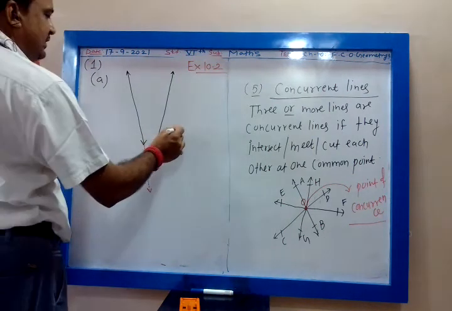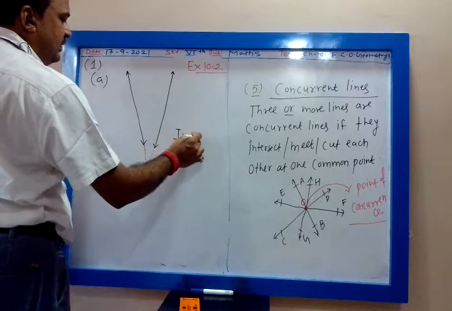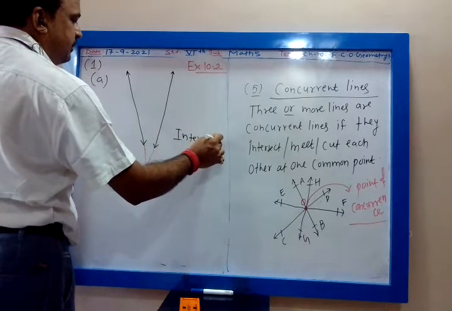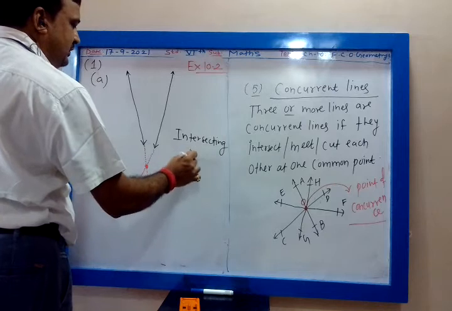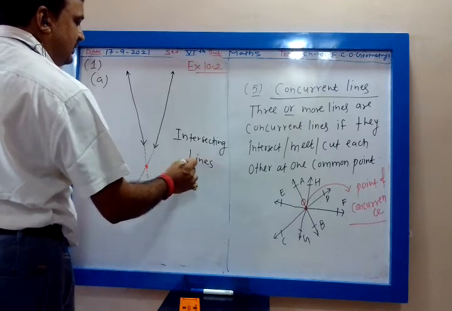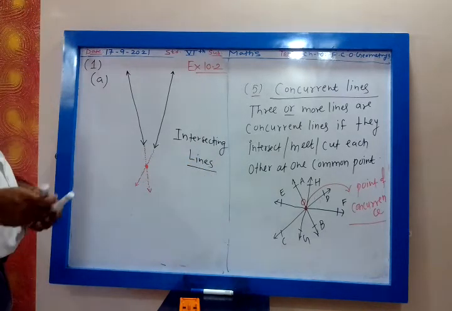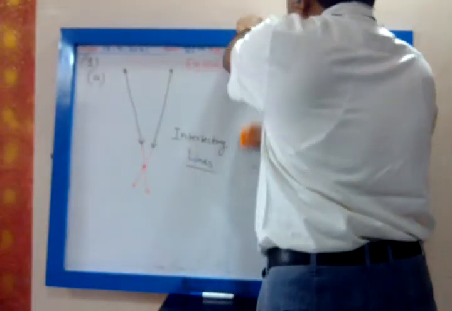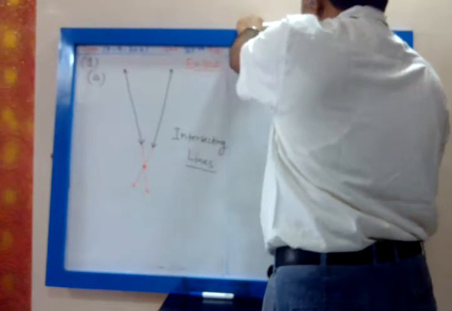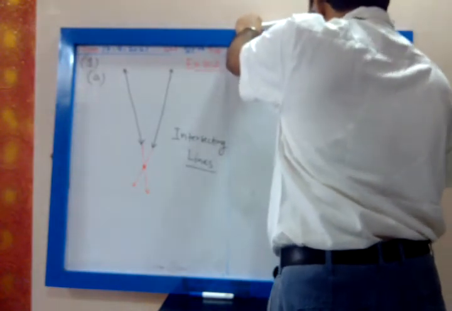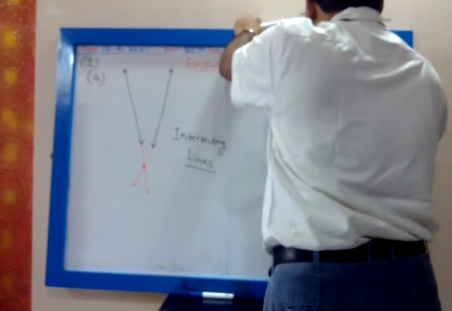So this is intersecting lines. Clear? Arrow side you have to extend. When you extend the arrow side, both the lines cut each other. So if both the lines cut each other, they are intersecting lines.